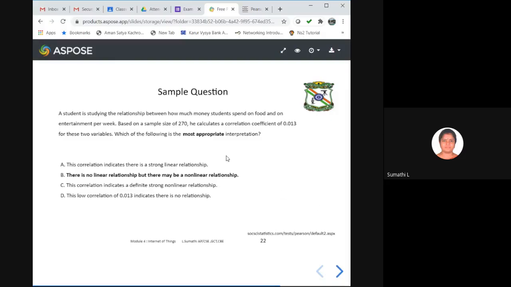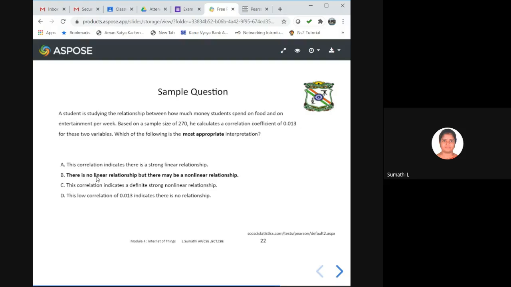Then see the time a student spends on food and entertainment per week. These are the two variables. The correlation between these two is identified to be 0.13, and they have taken a sample of 270 students, which is most appropriate. 0.13 means that it is poorly correlated.